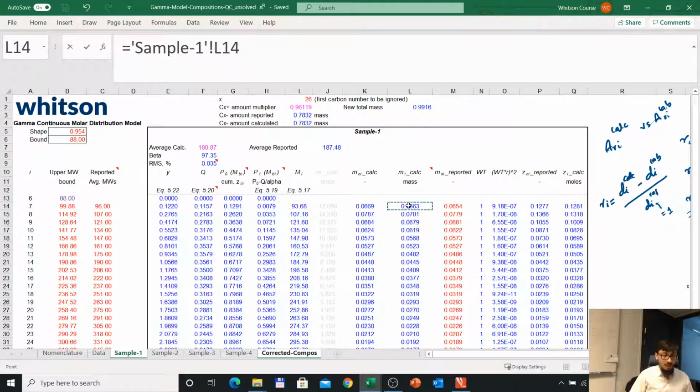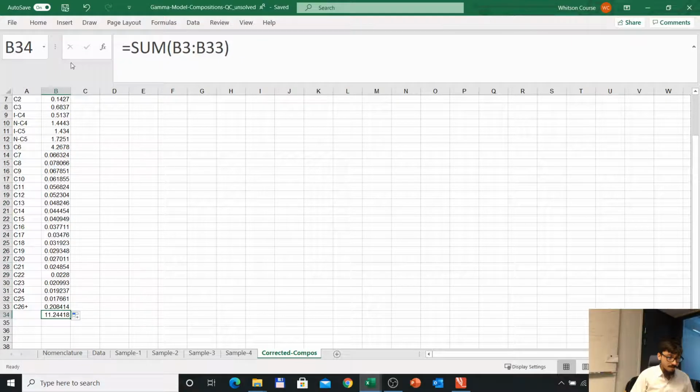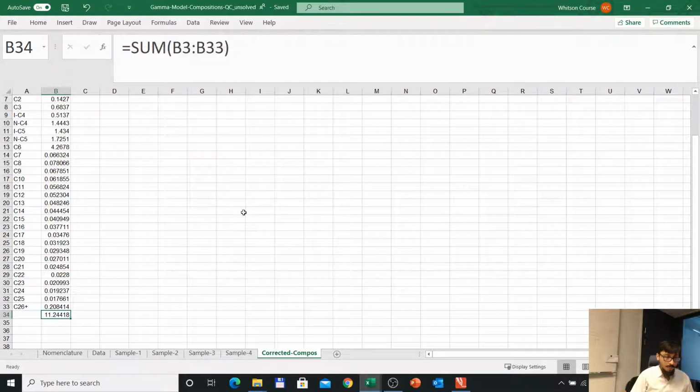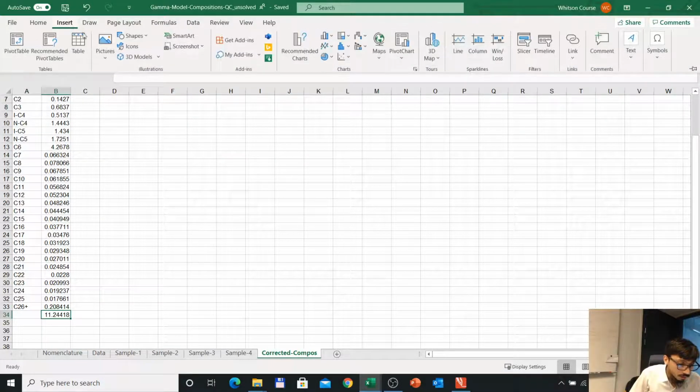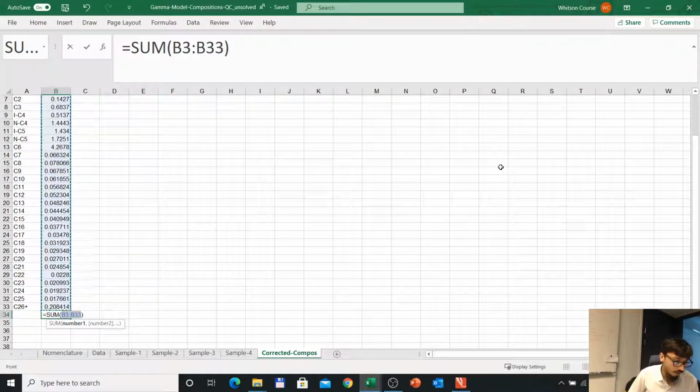We link this one, and this will be the new mass of, for example, C7, then we drag it down and calculate the total mass, using auto sum here.